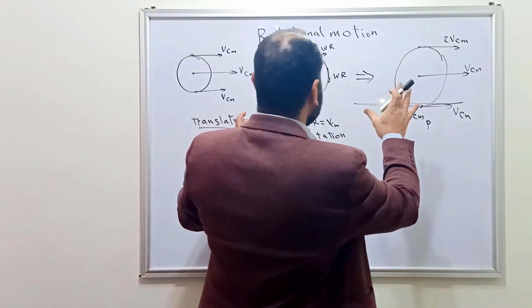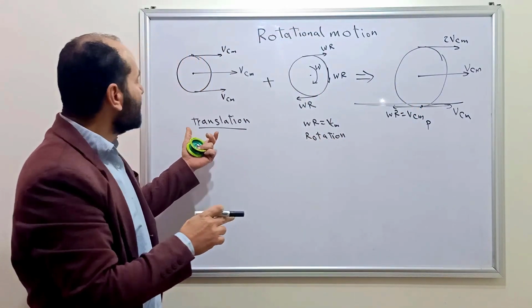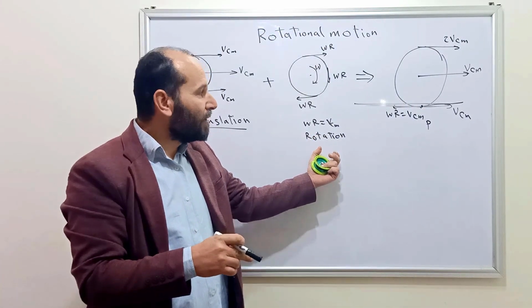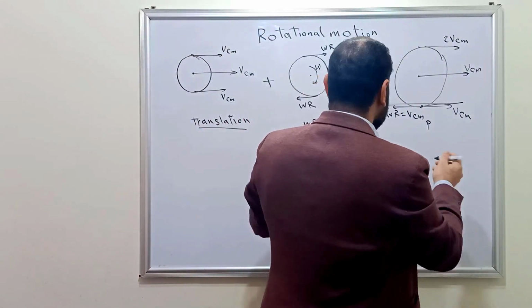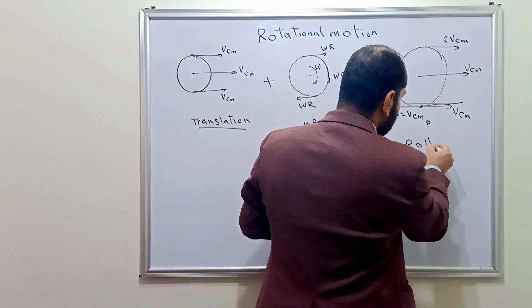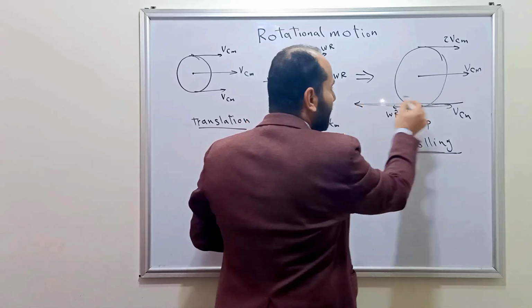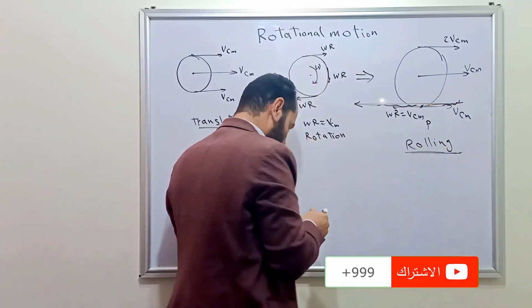So this body has translation and rotation at the same time. So this body is rolling here on the horizontal plane.